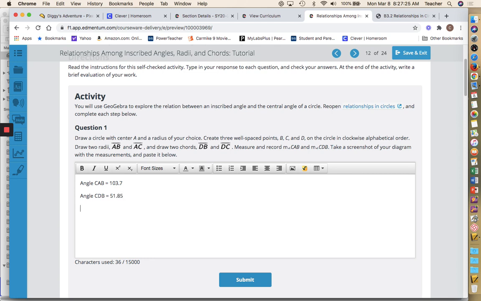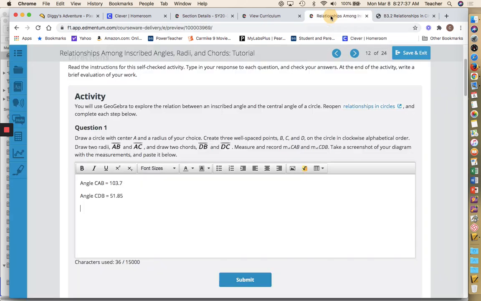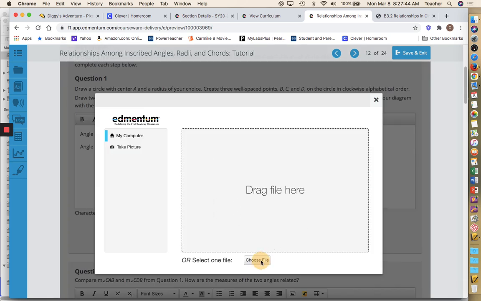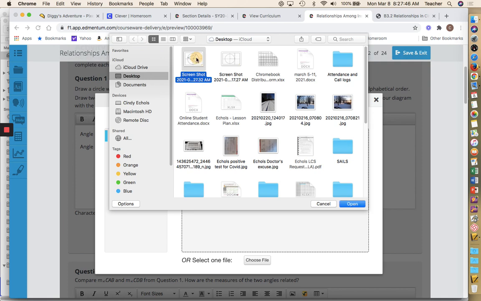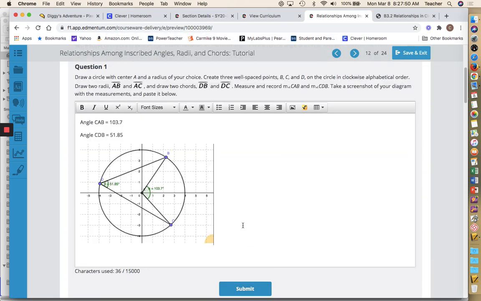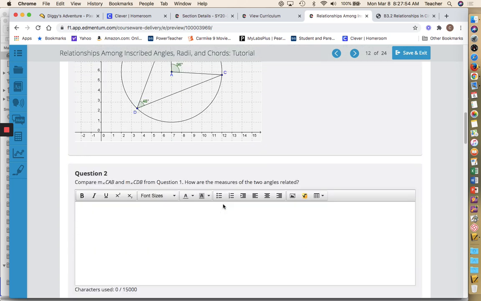Take a screenshot of your diagram with the measurements and paste it below. All right, so I bet in the next question they're going to ask me what the relationship between this is. So I know where they're going. I know what the answer is already. So let me put this in. All right, let's submit.